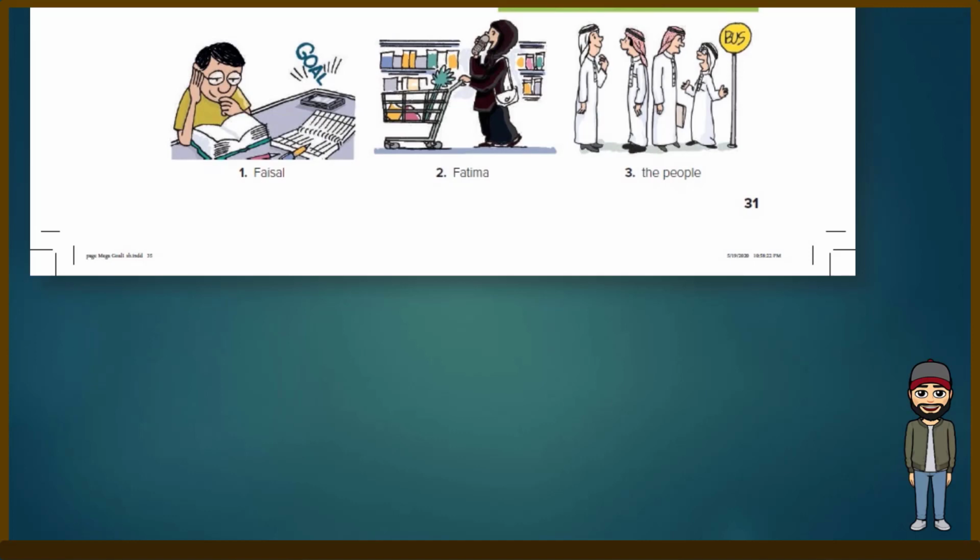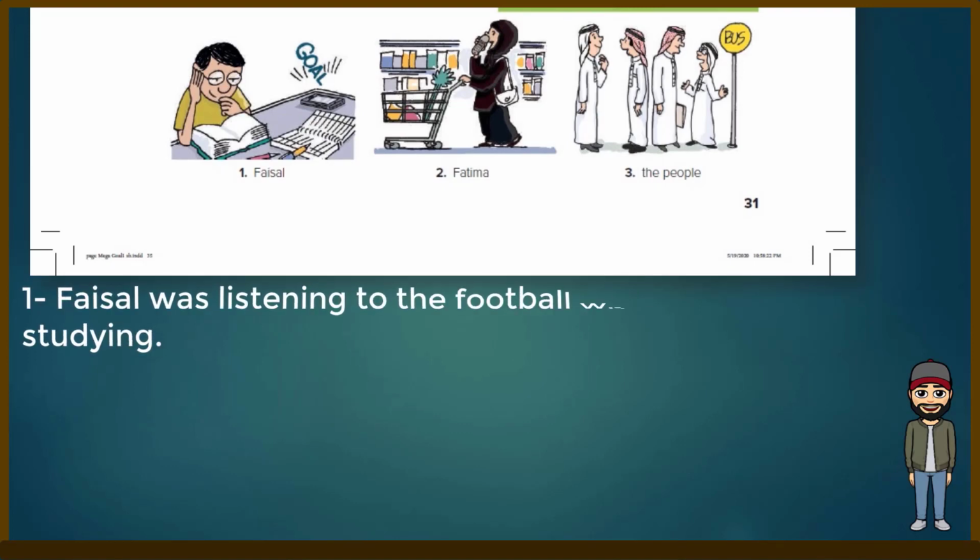So there are two actions. How do you join them into one? Two actions that are happening at the same time. Number one, you say Faisal was listening to the football match while he was studying.